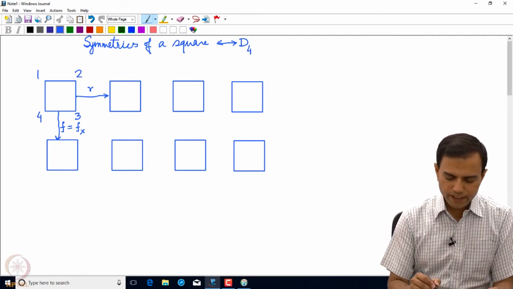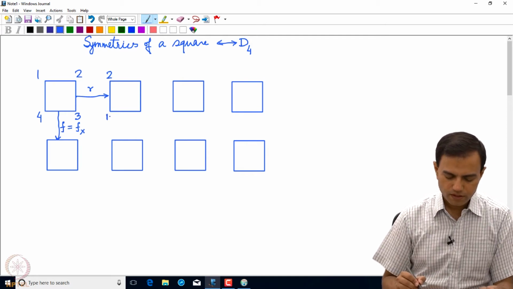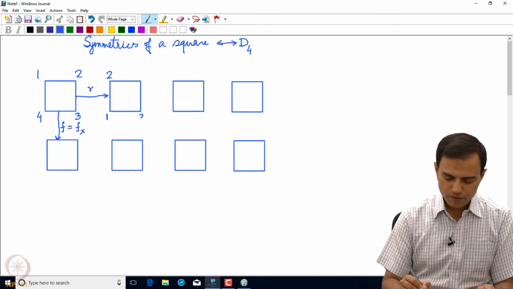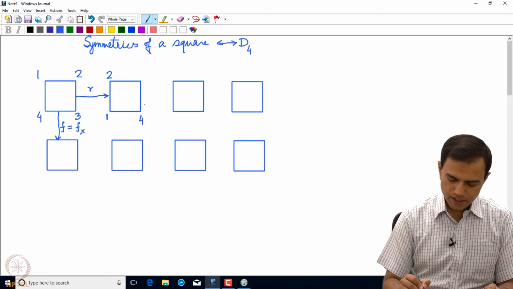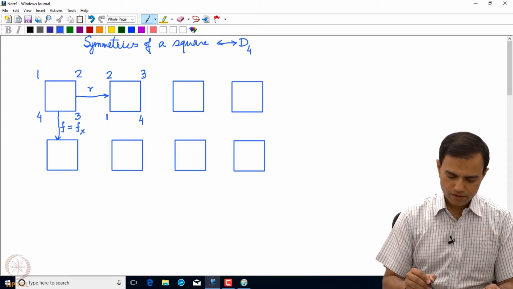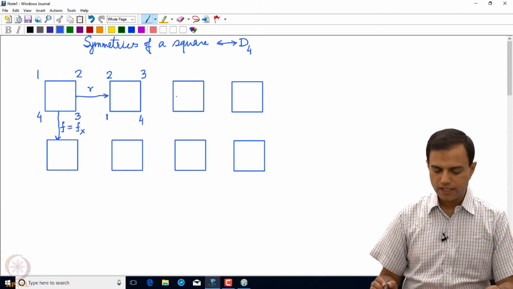When I rotate by 90 degrees, what happens to 2? 2 comes to this position. What happens to 1? 1 comes here. What happens to 4? 4 goes there. And 3 comes here. So we have it like this.